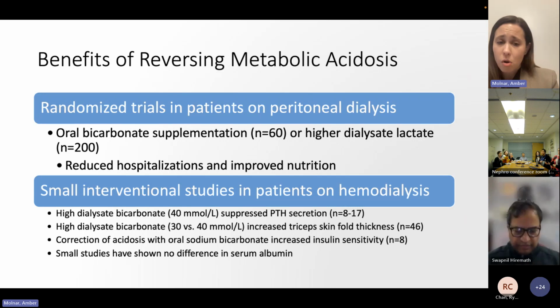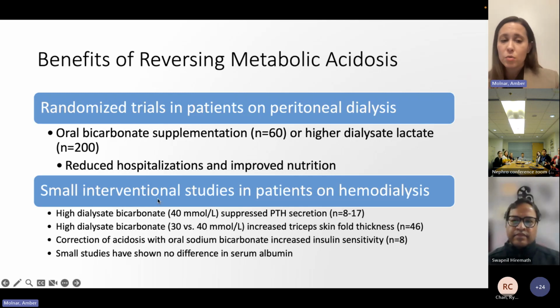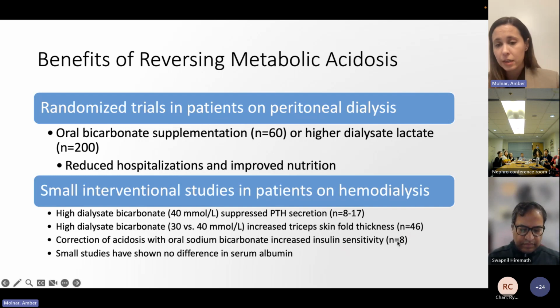We have some pretty small interventional studies in patients on hemodialysis, which are not necessarily all randomized. So it has been demonstrated that using a high dialysate bicarbonate concentration of up to 40 millimoles per liter can suppress PTH secretion, increase triceps skin fold thickness as a marker of nutrition and reduce frailty, and correction of acidosis with oral sodium bicarbonate, again in a very small study, was shown to increase insulin sensitivity.